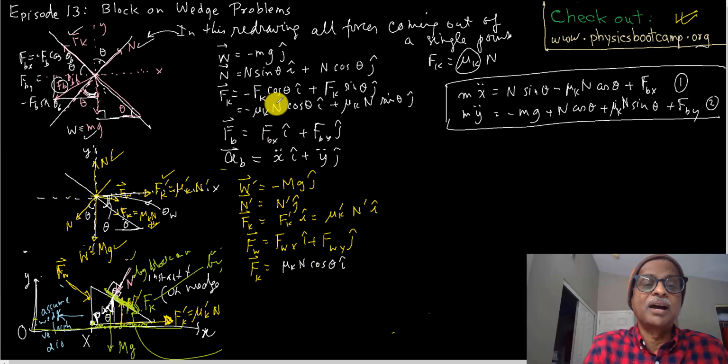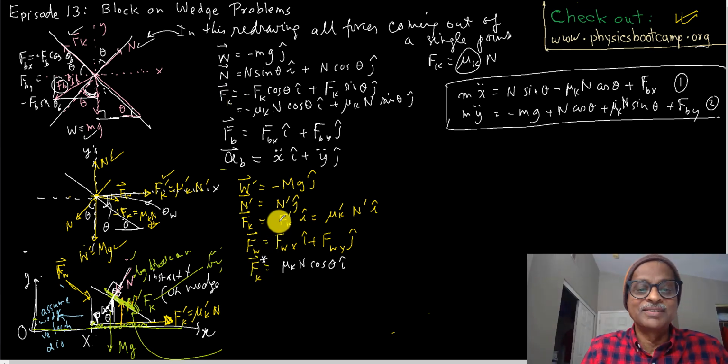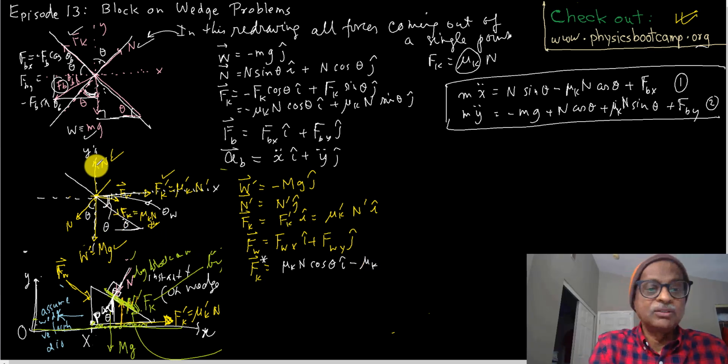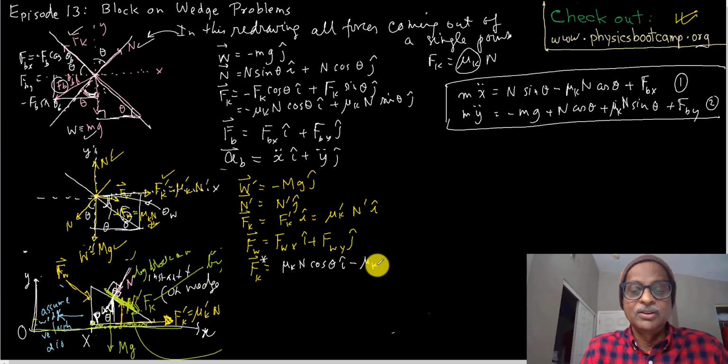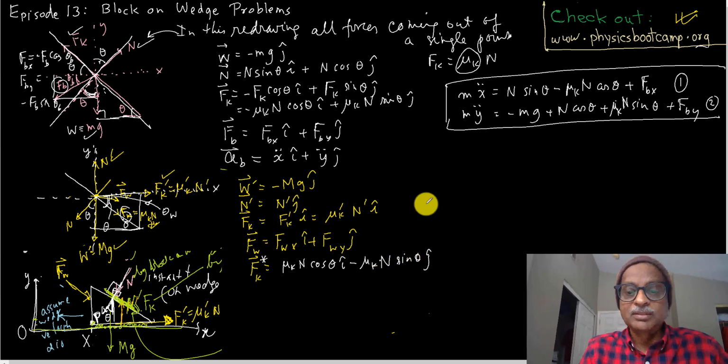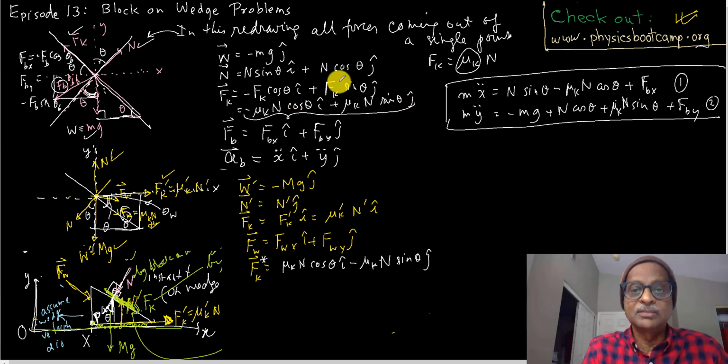This is going to be exactly opposite to that one, so we should write down a star, on the wedge. We could have just written down from there minus mu k. You can see that it will have a negative y component and the positive x component is fk. So mu k N sine theta j hat. We could have just taken this, done this carefully, and put negatives everywhere.